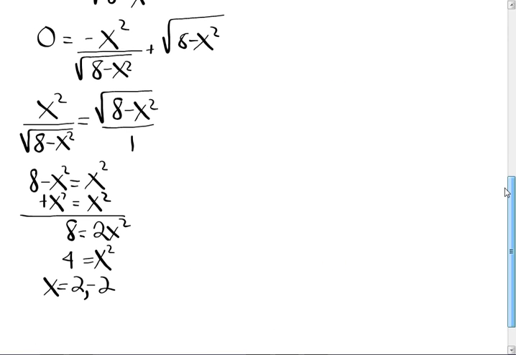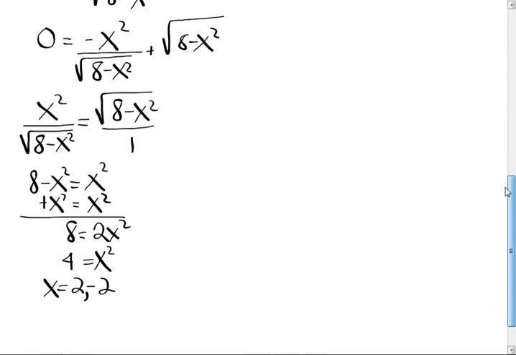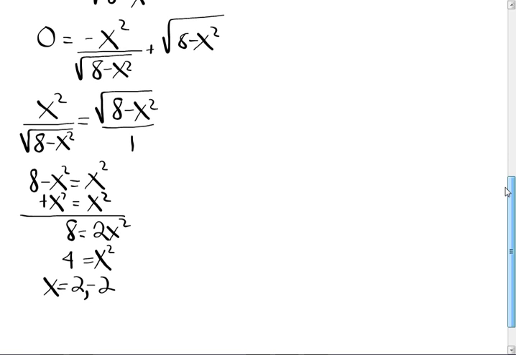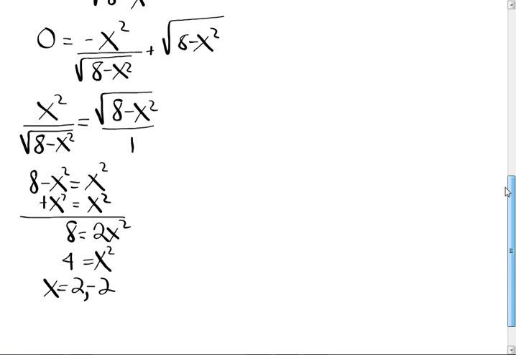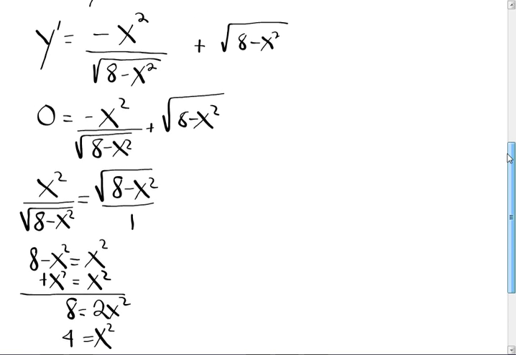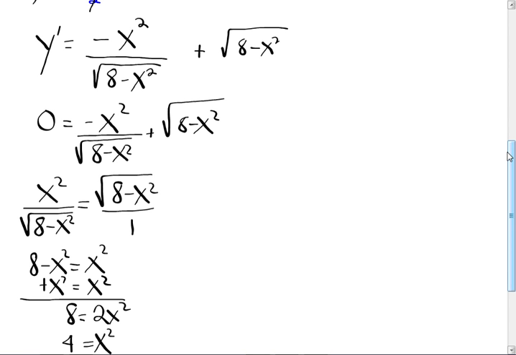Where are the other critical points, you guys? Where is this derivative undefined? When that's 0. That's a critical point.